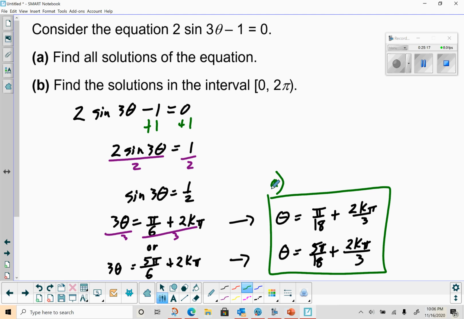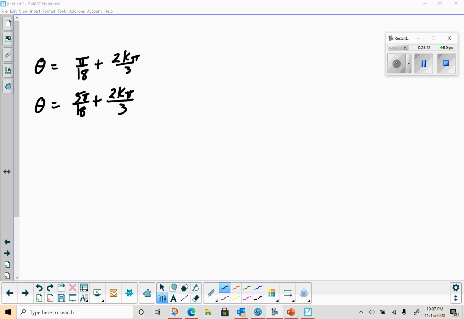Now, how do we deal with what they're asking you to do for part B? So again, here are the expressions that we just came up with. So let's list all of the possibilities here. Again, we've described this before. K has to be an integer.